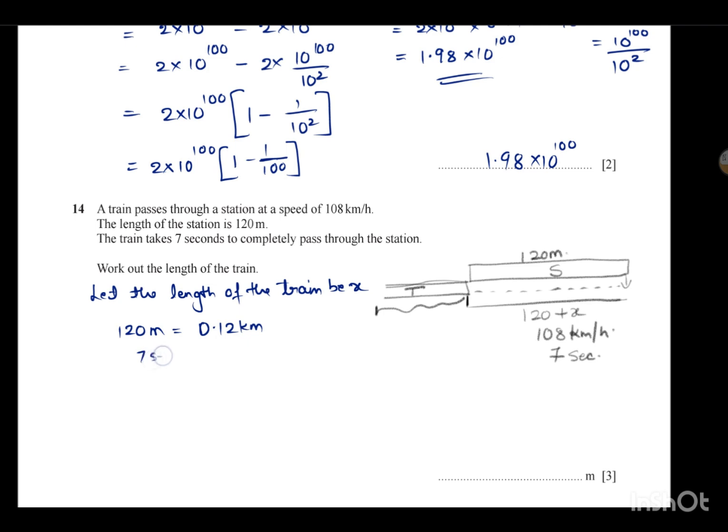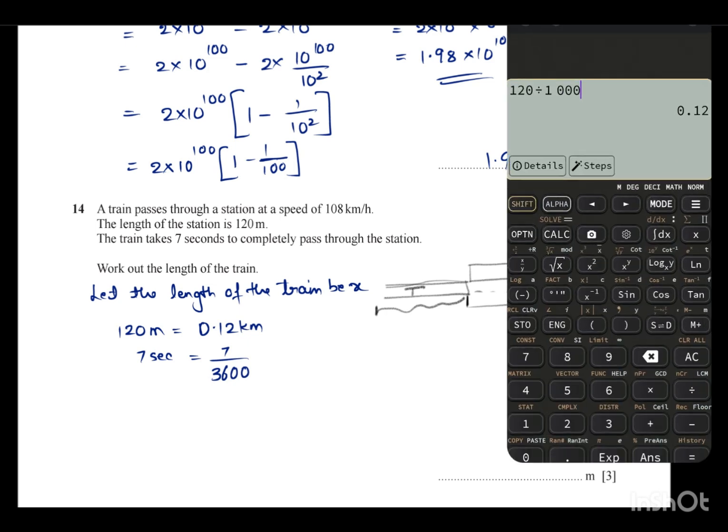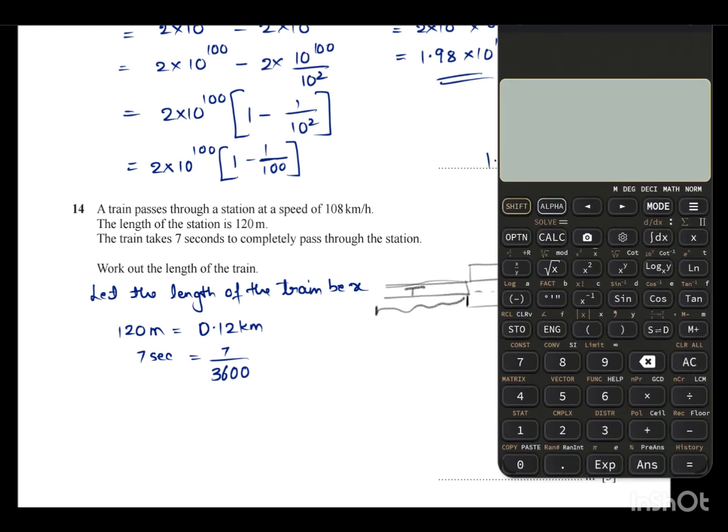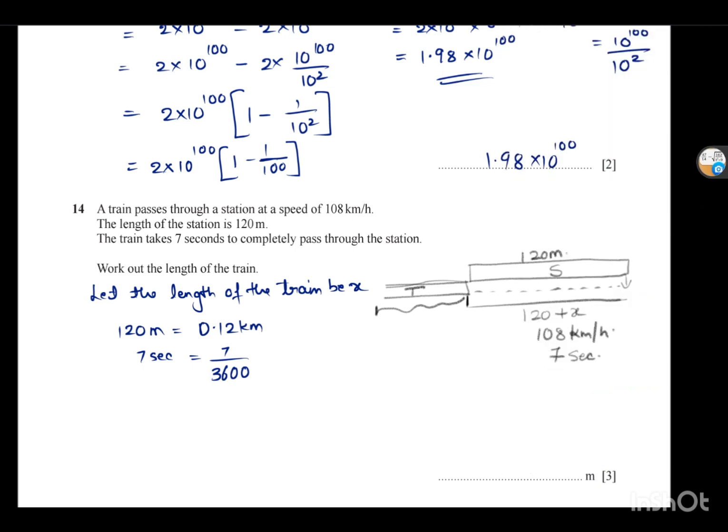Then 7 seconds will be into hours. If I take 7 divided by 3600, because it is seconds and 1 hour has 3600 seconds. So 7 divided by 3600 will be 0.001944, or we'll keep as it is because there are decimals.